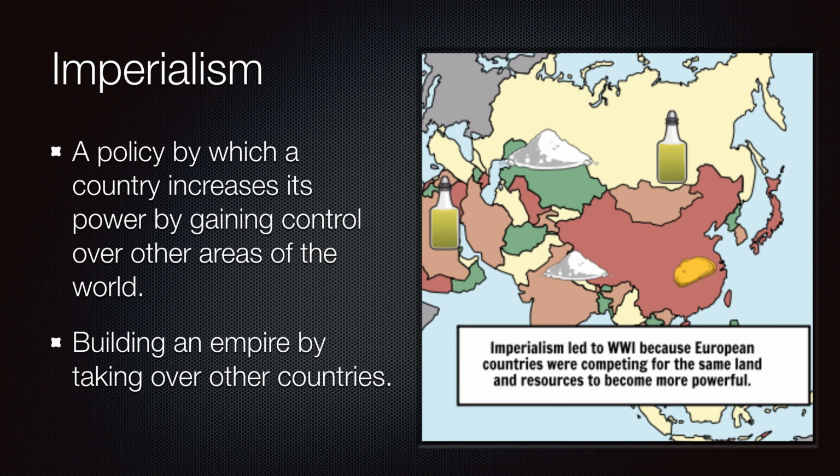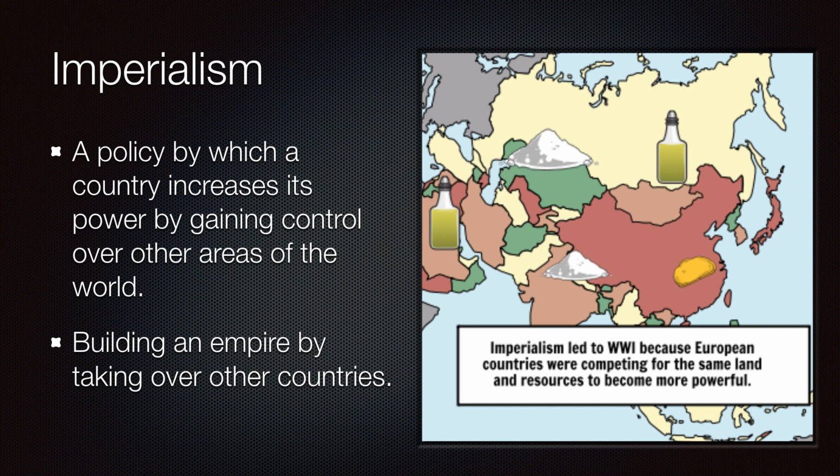The next one is imperialism. This is a policy by which a country increases its power by gaining control over other areas of the world. So they're basically building an empire by taking over other countries.